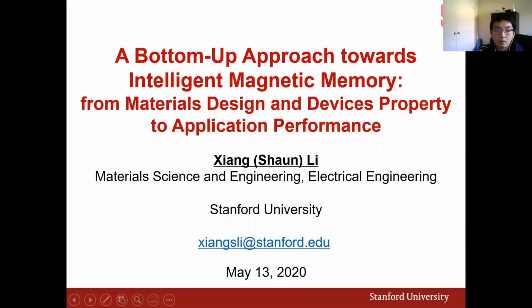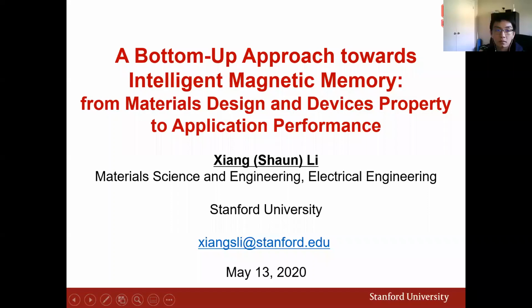So today I'm mainly talking about the context of magnetic memory for big data intensive applications, and how we can use bottleneck approaches to activate magnetic memory. In particular, I will touch upon three aspects of the memory design.